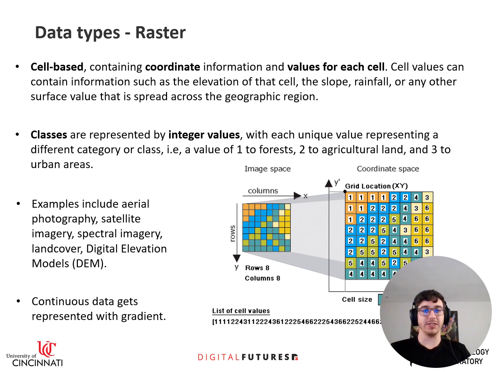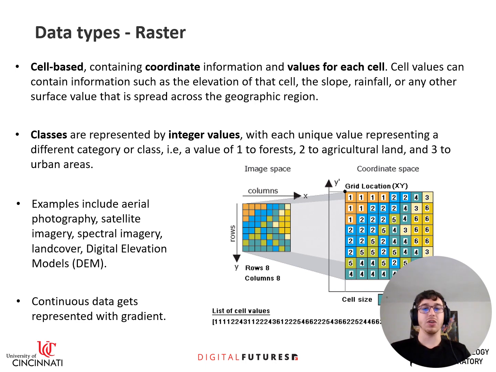Examples of raster files include aerial photography, satellite imagery, spectral imagery, land cover, digital elevation models, amongst others. The main advantage offered by raster data is that continuous data gets represented with a gradient, corresponding to the spatial distribution of the measured variable.